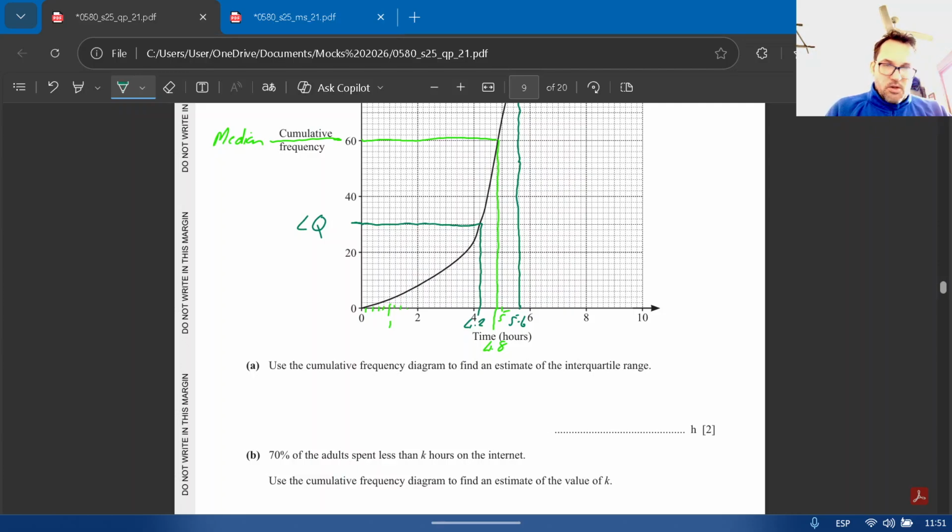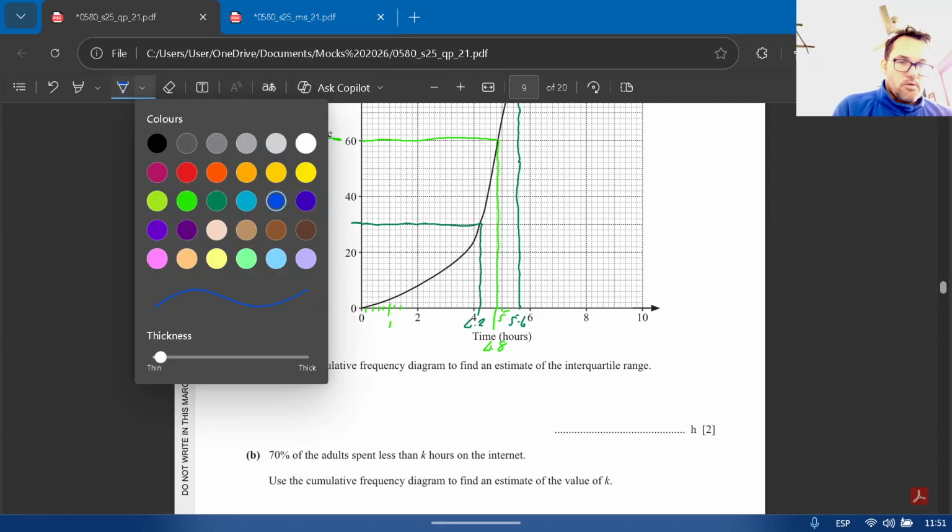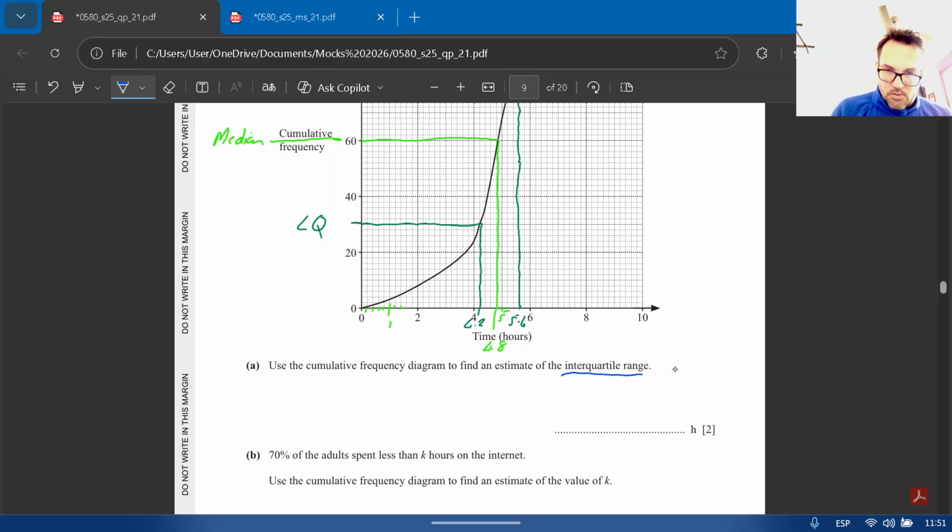So the interquartile range, we call it the IQR, is always the upper quartile minus the lower quartile.